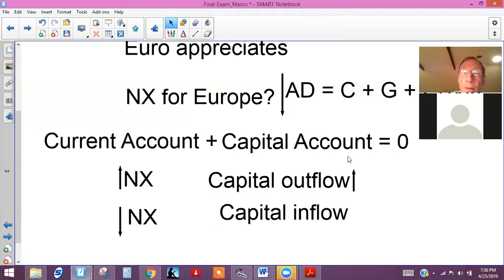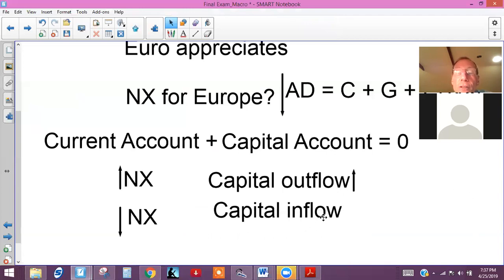If imports go up, capital inflow goes up, capital outflow goes down, because more inflow means less outflow. It's just like more imports mean less net exports. Or actually, I should say more inflow means less net capital outflow. But I don't want to get too complicated here.